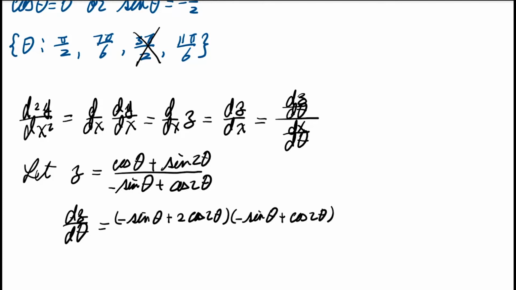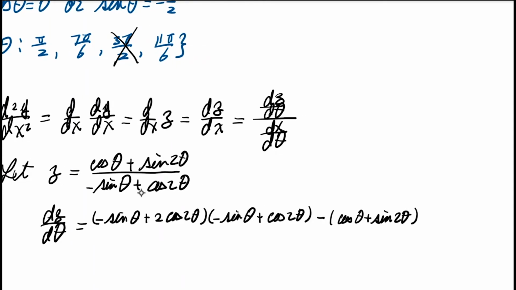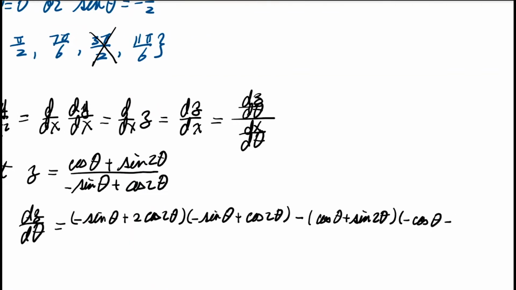Okay, and then plus and minus u. So we have cosine theta plus sine 2 theta times v prime. So we'll have negative sine v prime, so cosine now. My tablet is frozen. Okay, now it's cosine theta minus 2 sine 2 theta.